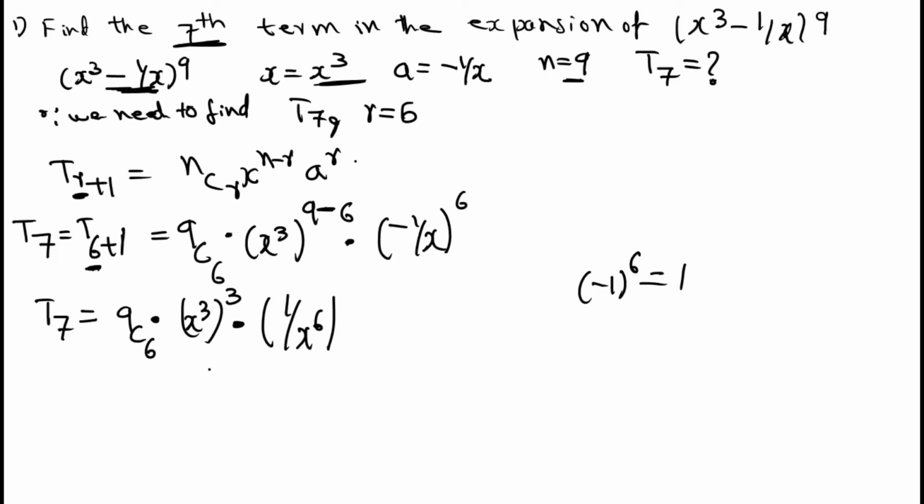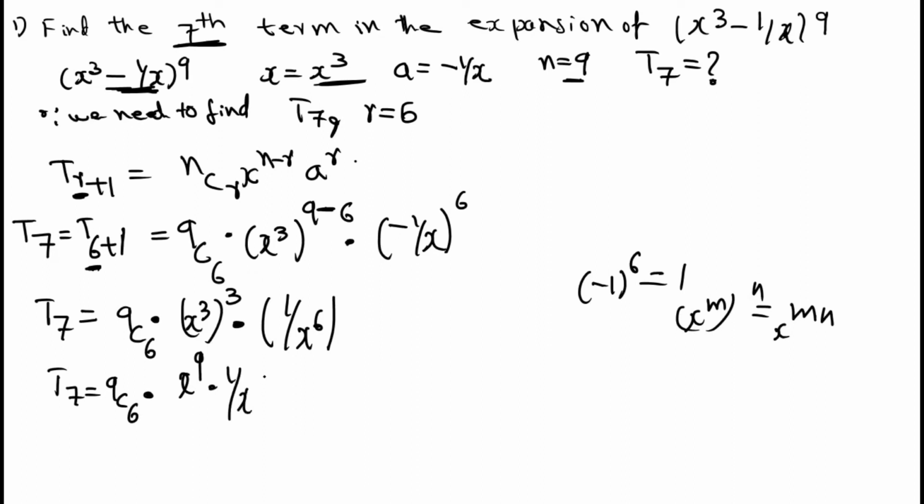Okay, then simplify. T7 equal to 9c6 into x to the power 9, right? x to the power 3 to the power 3, x to the power m to the power n equal to x to the power mn. So x to the power 9 into 1 by x to the power 6. Again simplify.